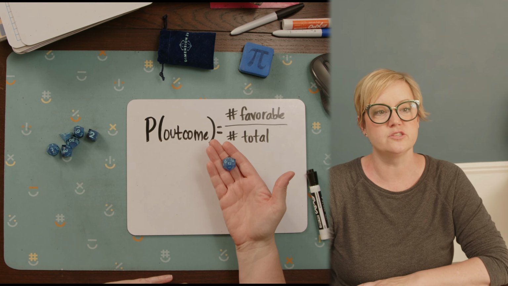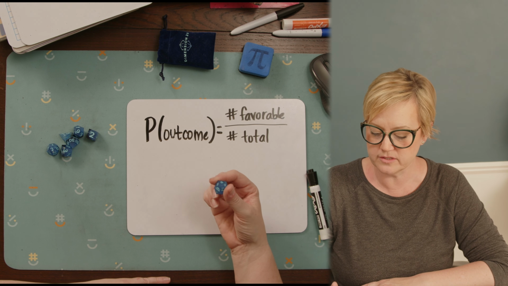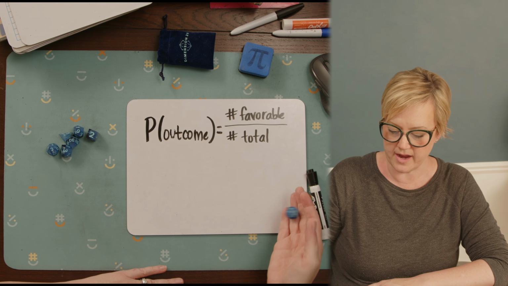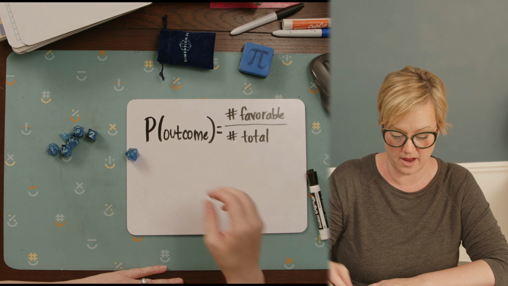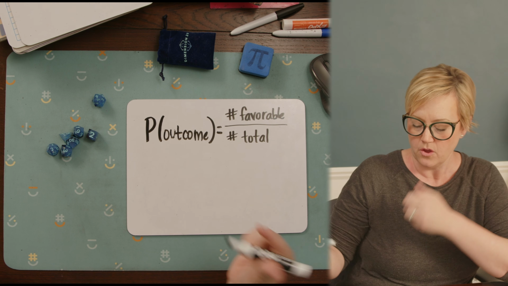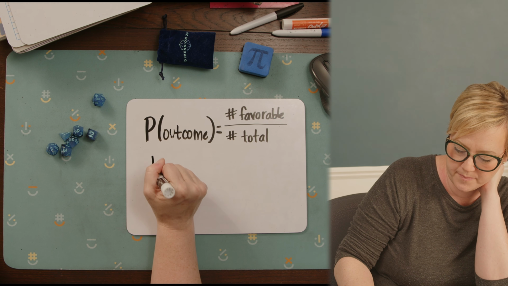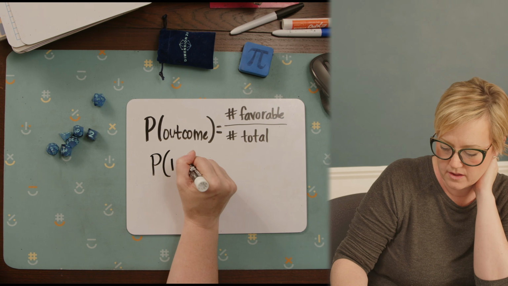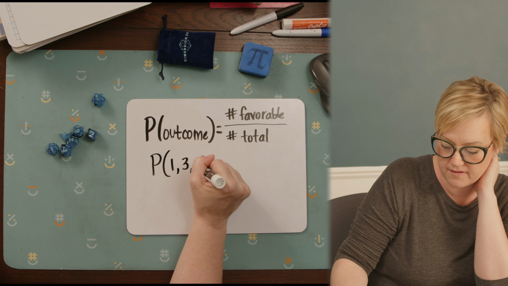So this D20 has 20 sides and it goes from 1 through 20, okay? So when you roll the dice, the number of total outcomes is 20, right? But let's talk about the probability of rolling a 1, 3, or a 5.